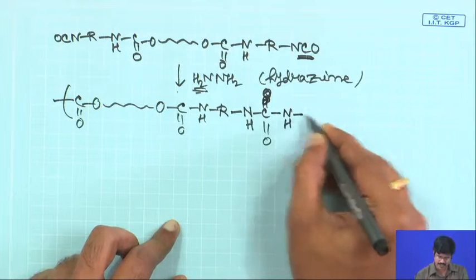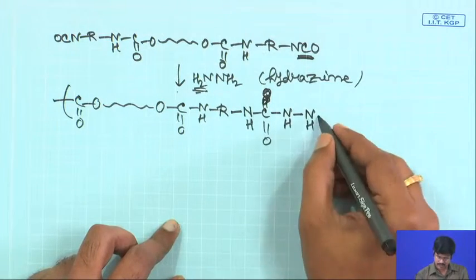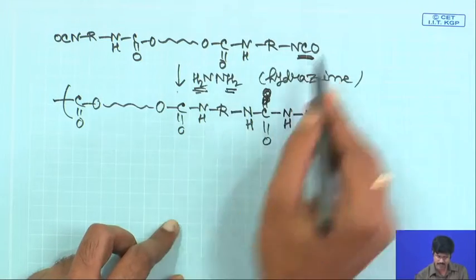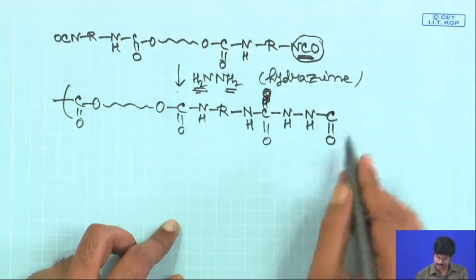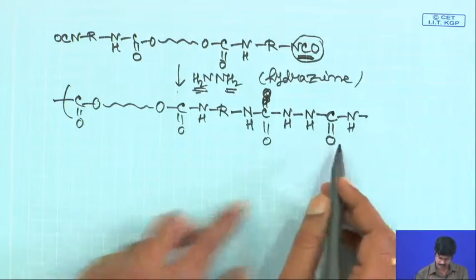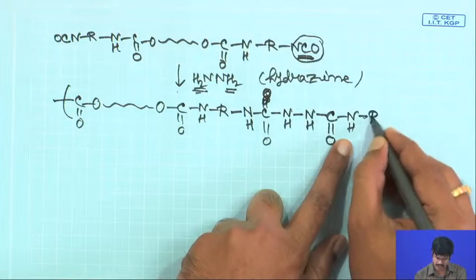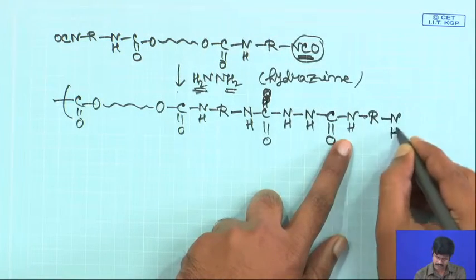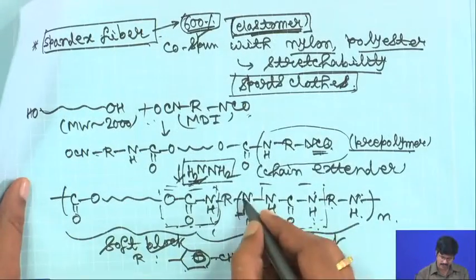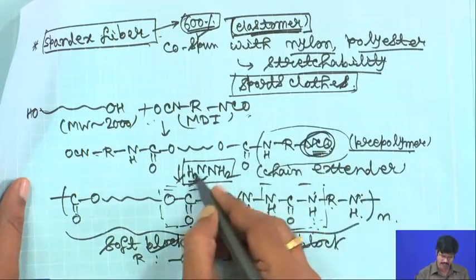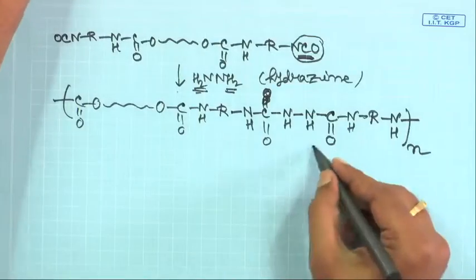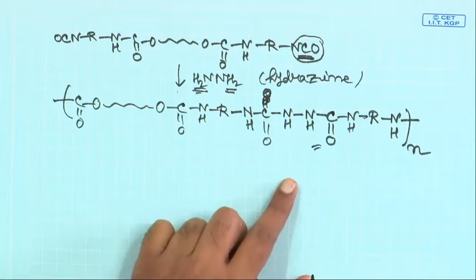So, this will be NH, and then again you have to react on this side the amine with an isocyanate. So, then again it will be NH, all right, and then you are drawing up the rest of the molecule R, NH, N. So, this structure is correct. Actually, here the reaction of isocyanate with the amine, that particular part was not drawn here. So, this structure is your correct structure.